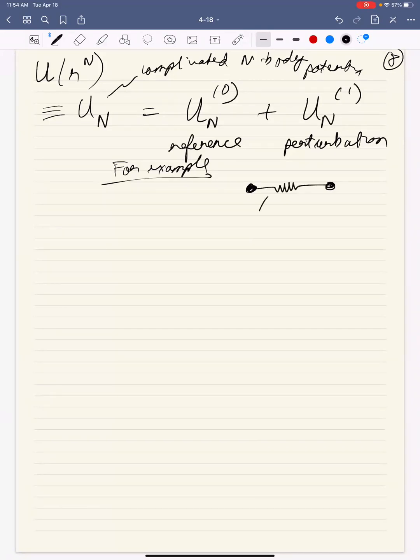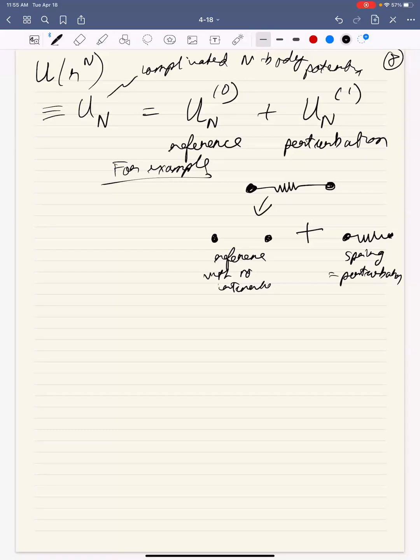And you could think that this is coming from a reference with no interaction plus the spring being a perturbation, okay? Right? In this case, it's trivial. In this case, UN of 0 is 0, right? There is no interaction. So this is trivial, but hopefully it conveys the picture to you, what I'm trying to go after.